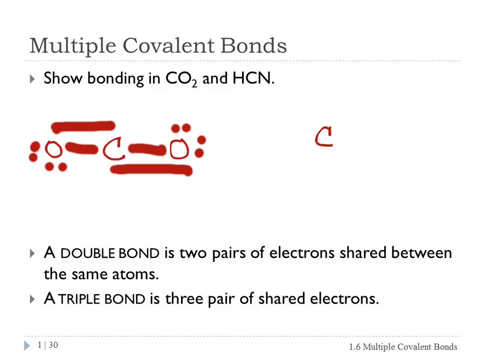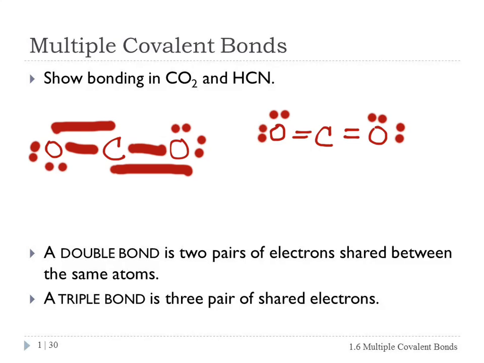So this is carbon in the middle, and a double bond to the oxygen, and a double bond to the other oxygen. And if you want to show lone pairs, it would be out here. See, carbon is going to have 4 bonds. These are 2 single bonds, but they're between the same atoms, and so they're a double bond. 2 pairs of electrons being shared.